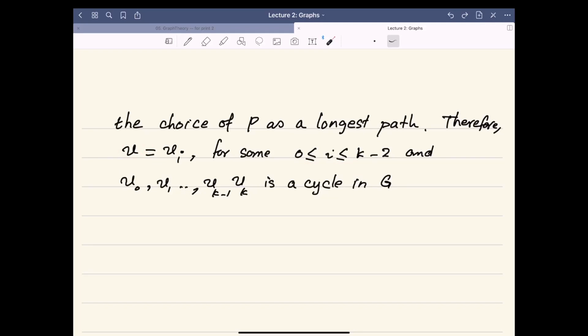But if it is already on the path, then it should be adjacent to which vertex? It can be adjacent to V0, it can be adjacent to V1, V2, and it can be adjacent to Vk minus 2. For all cases, the path is forming a cycle.